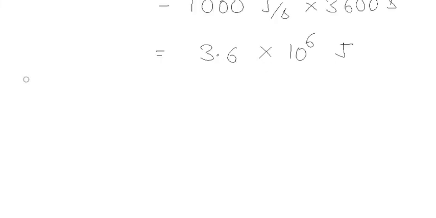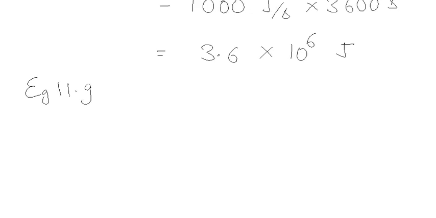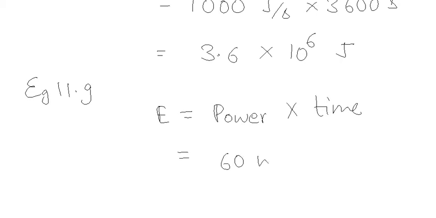In this example, it is asked to find the energy consumed. So here energy is equal to power into time. So power is 60 watt cross time is 6 hours.